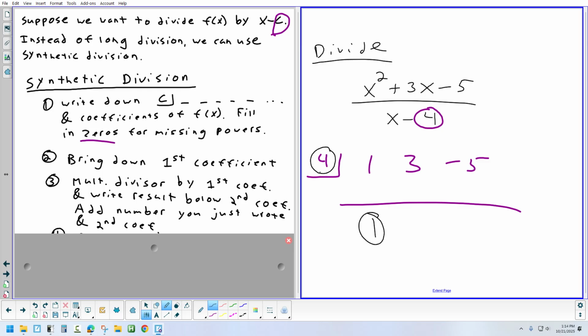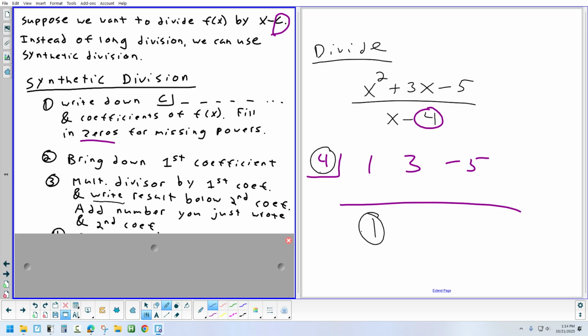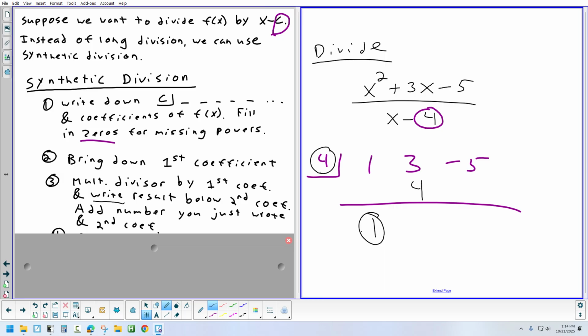What's 4 times 1 give me? Yeah, 4. And we're going to put that answer in the second column. So we multiplied 4 times 1, we got 4.